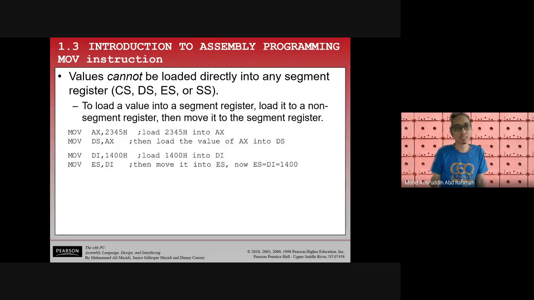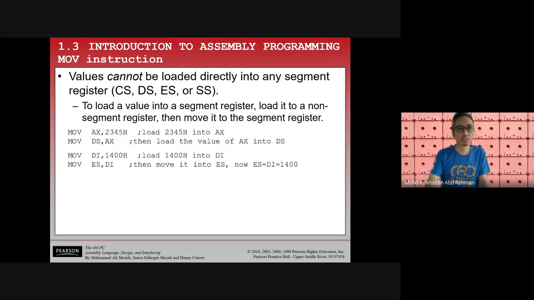For example, move AX, 2345, so we move the value 2345 into AX, and then move DS, AX. It can be done. That's the example, and you need to remember that.